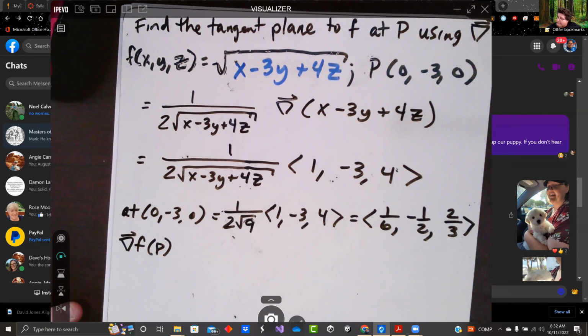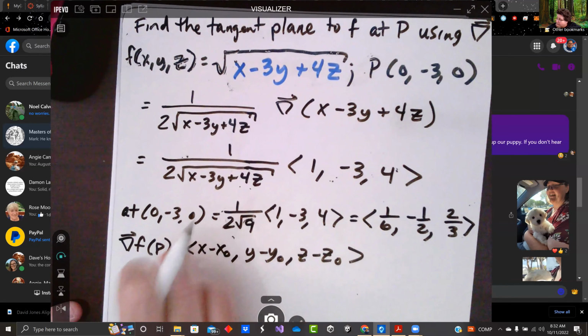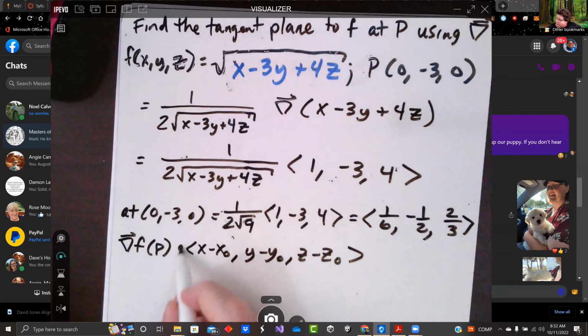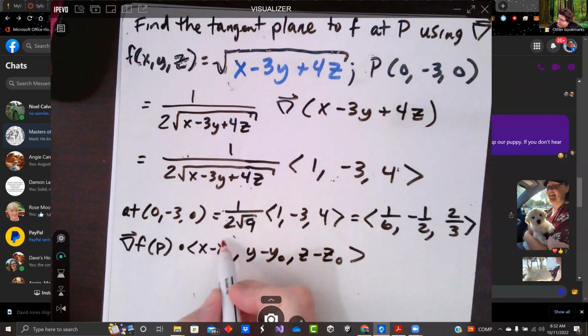So we're going to take that and dot it with x minus x naught, y minus y naught, z minus z naught. And that is a 0, a negative 3, and a 0.